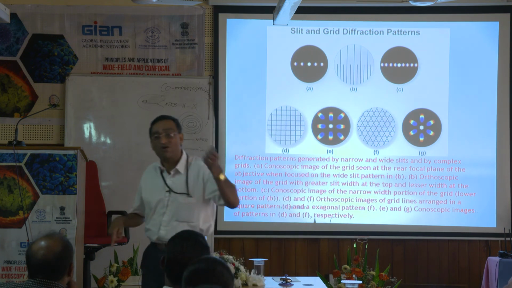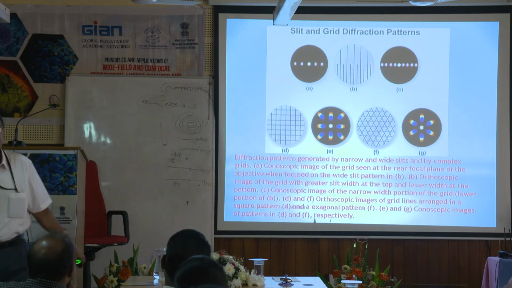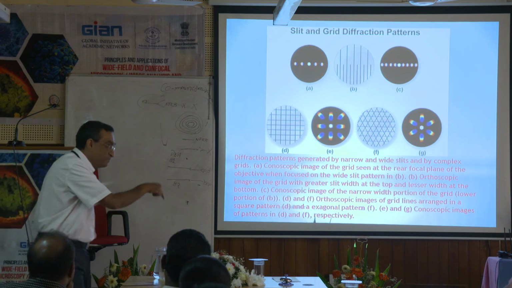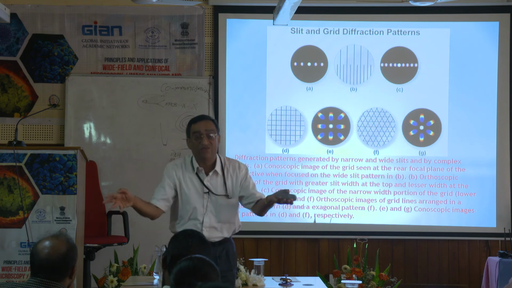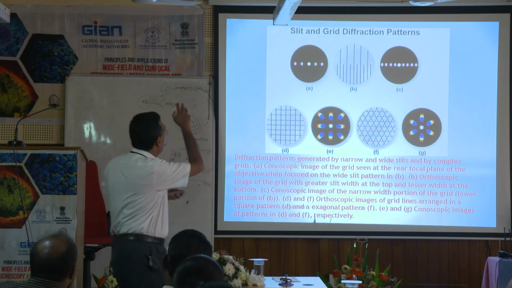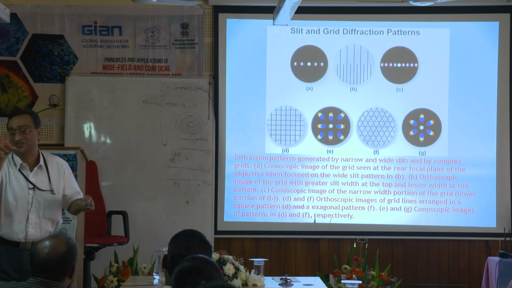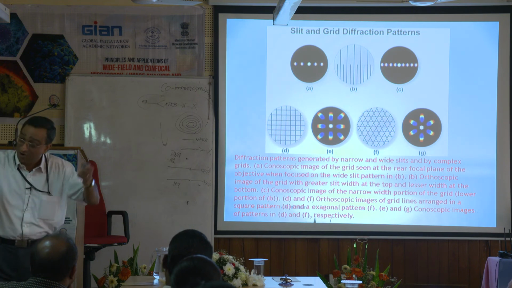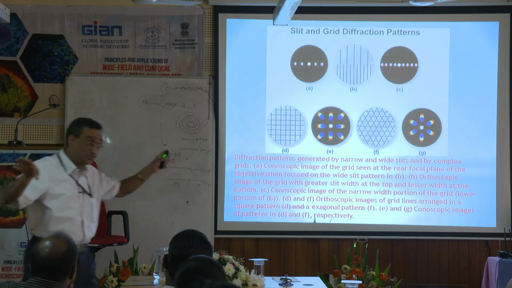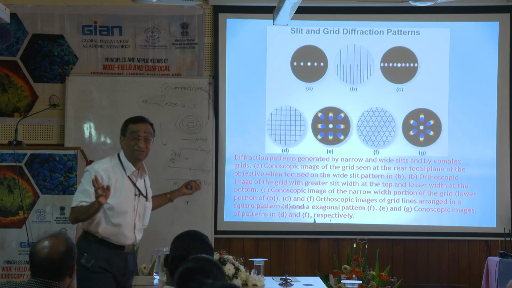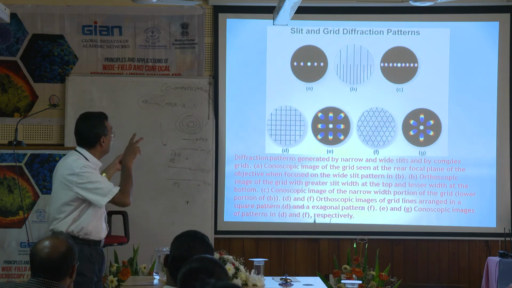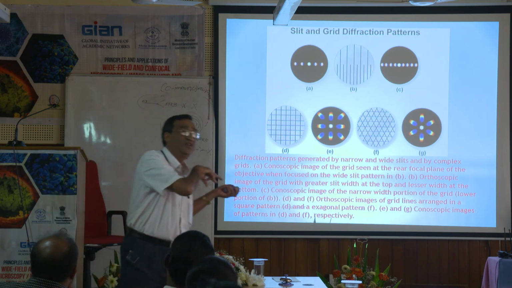So your conoscopic images are always diffraction patterns depending upon the symmetry of your object. The object magnified and the symmetry of the object projected, both are possible. The object magnified is the basic function of the microscope, plus symmetry is also reflected. This is what we call the function of a conoscopic image.